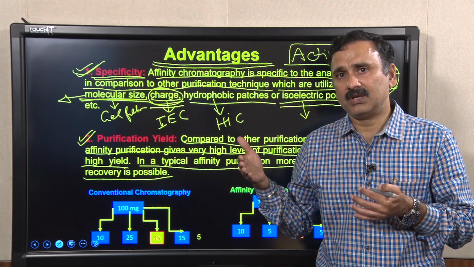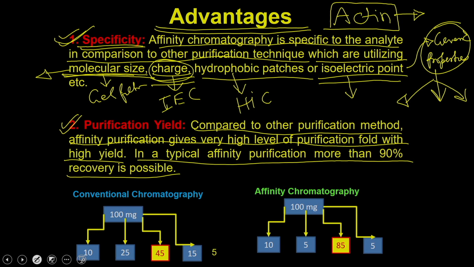For example, in a conventional chromatography such as gel filtration, ion exchange, or hydrophobic interaction chromatography, if you start with 100 milligrams of protein, after the first round of purification you are going to get different fractions.